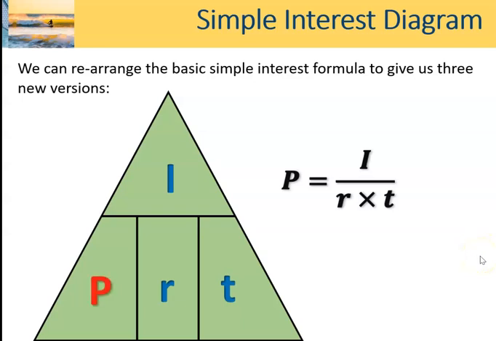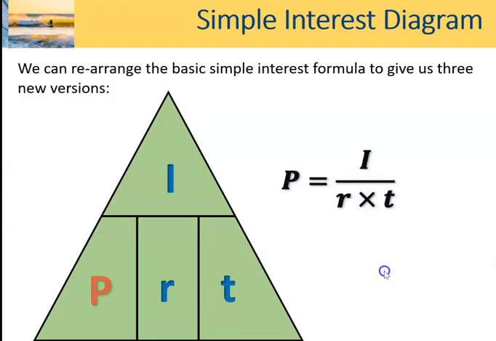Looking at your triangle, if you take out the principal, the P, then you have I divided by R times T. As you can see in that triangle, I, and then there's a line, so you divide by your rate times your term.